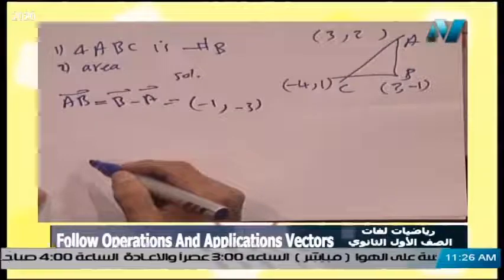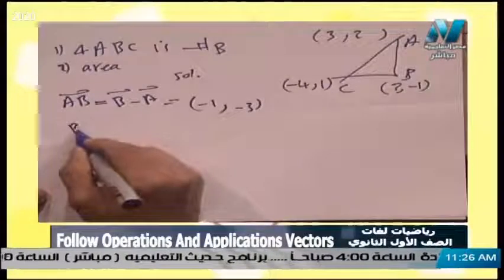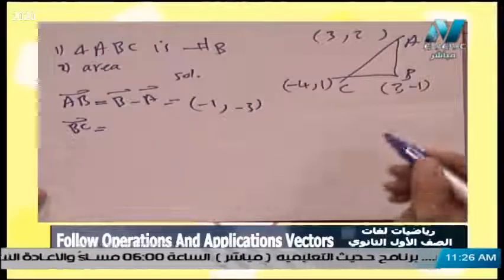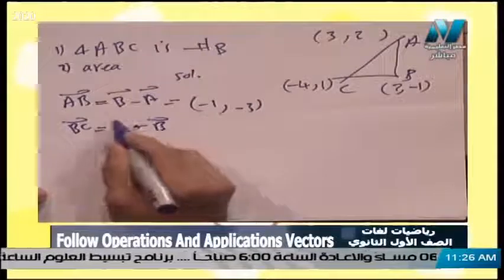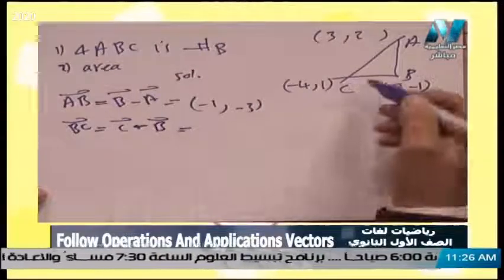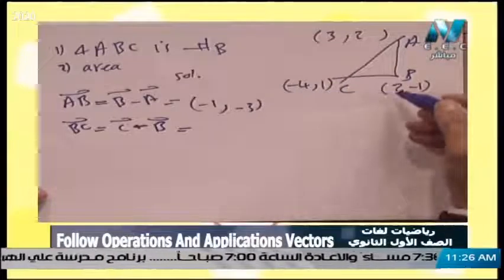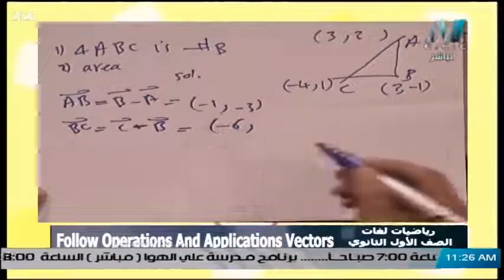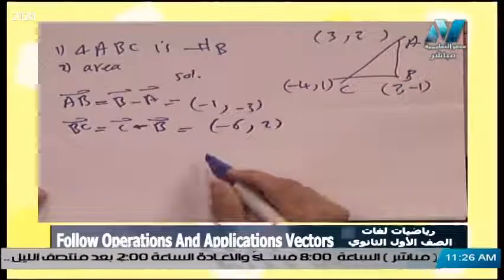And the vector BC is C minus B: negative 4 minus 2 equals negative 6, and 1 minus negative 1 equals 2.